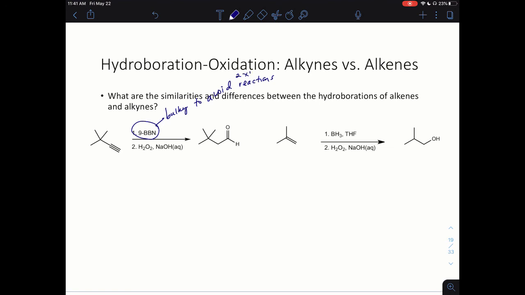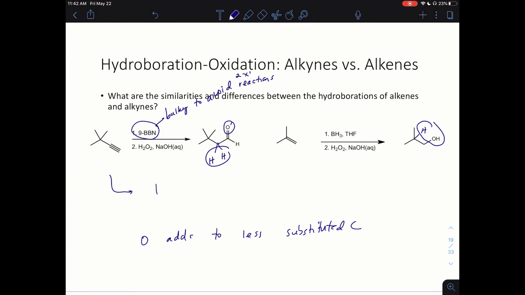We only want to react with one, so we use that bulky reagent to avoid 2 reactions. In both cases, though, we get the same selectivity. We get this anti-Markovnikov selectivity. So we have the oxygen adding to the less substituted carbon. So that's the same between both of them.